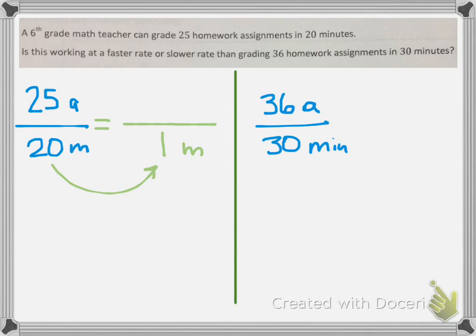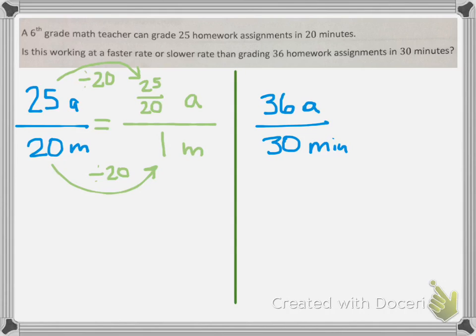So I'd have to divide by 20 here. 20 divided by 20 would give me 1 minute, and if I divide by 20 in the denominator, I have to divide by 20 in the numerator, and that would be 25 twentieths. So let's write that in there, 25 twentieths of an assignment per minute.